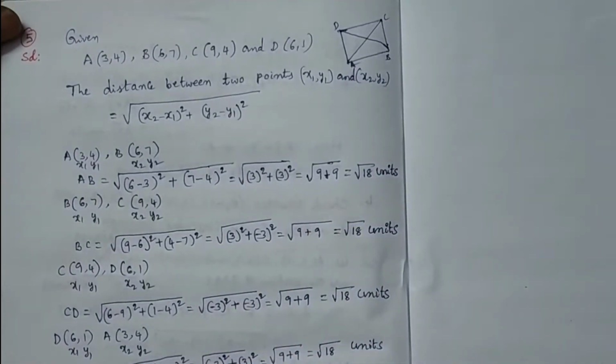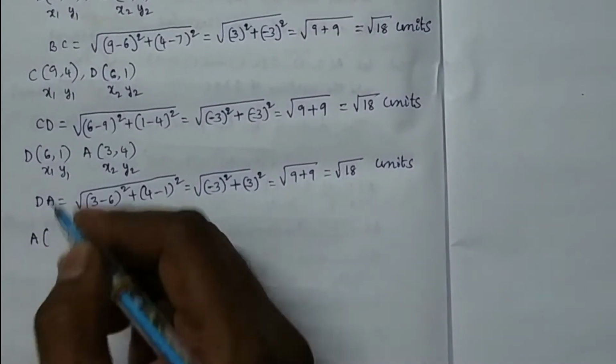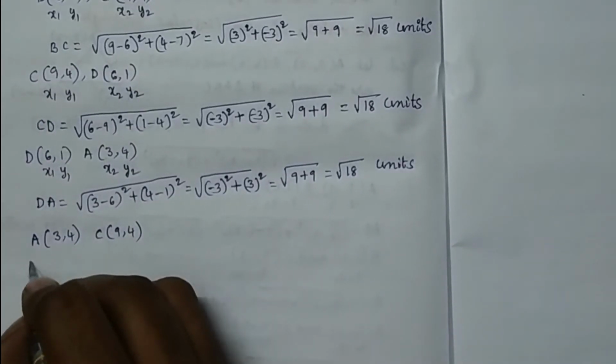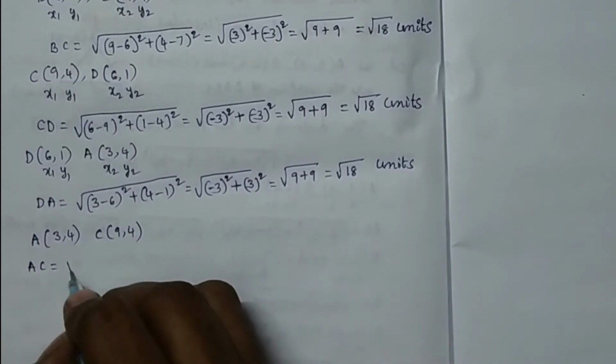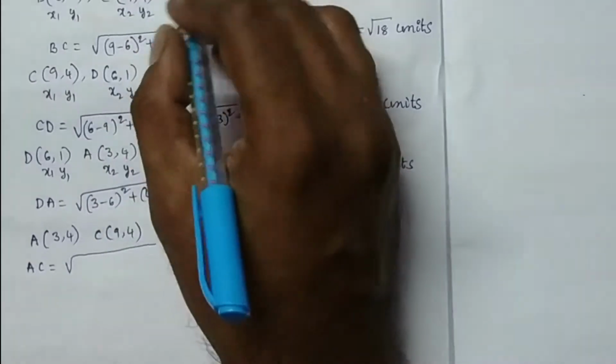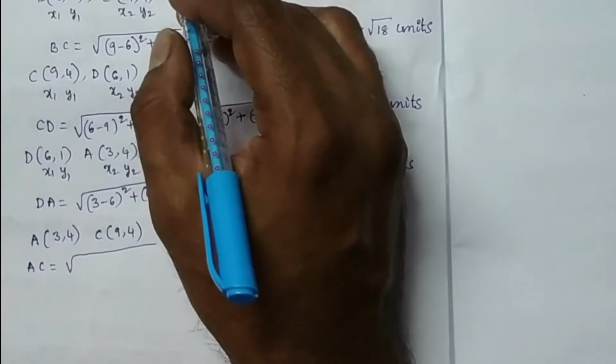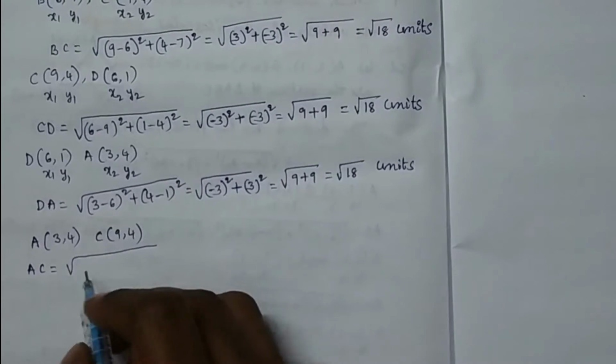First one, AC. Take points A and C. Find the length of AC by using the distance formula, square root of x2 minus x1 whole square plus y2 minus y1 whole square.